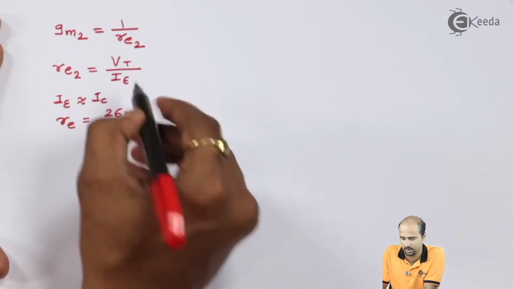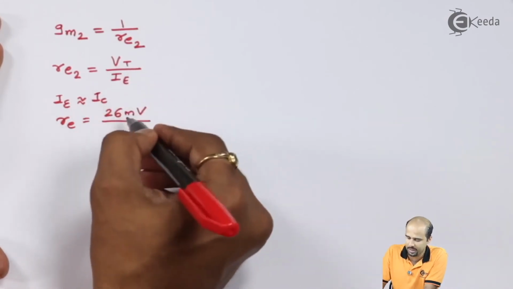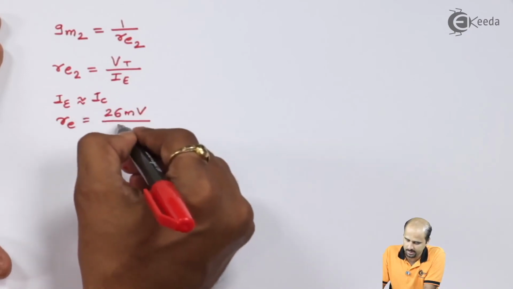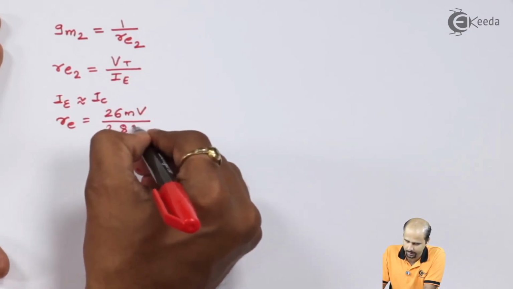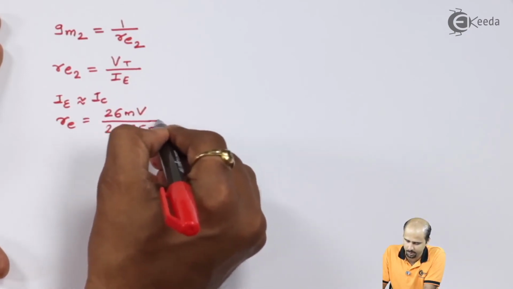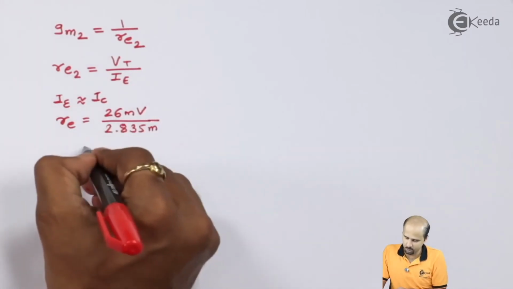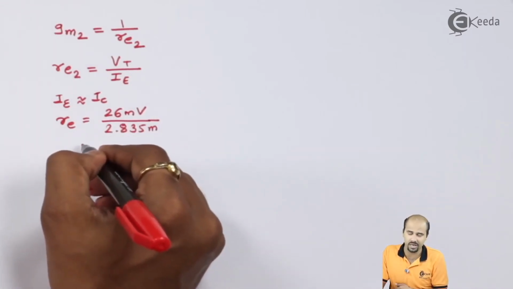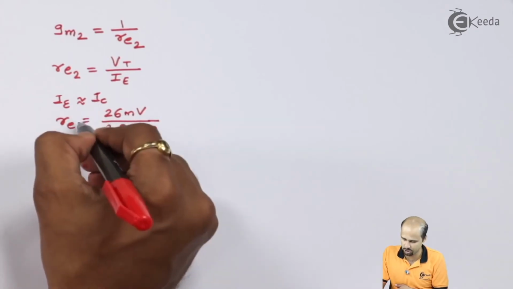That's the concrete value of VT we have considered, and IC is equal to 2.835 milliampere, right? And we'll get the value of RE. From the inverse of RE, we'll get the value of GM2.